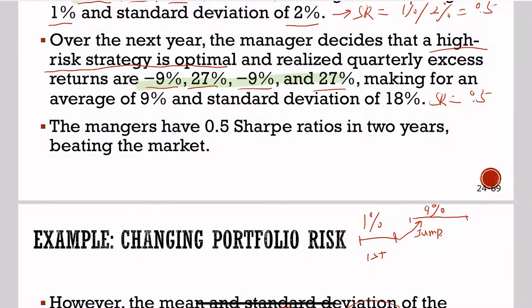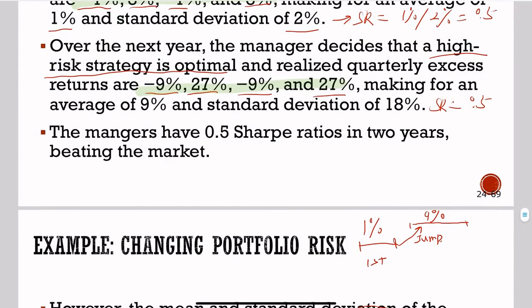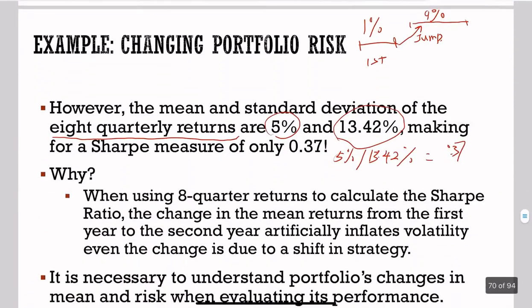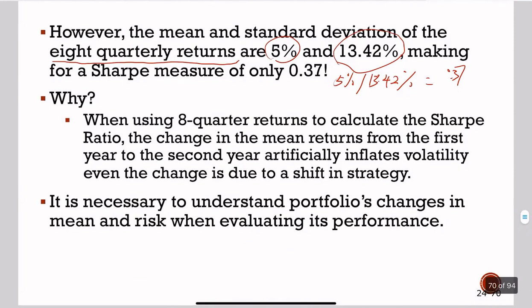In the first year, the manager wanted a low risk strategy, and in the second year, the manager preferred a high risk strategy. So the manager should not be penalized by this jump. So this tells us it's very important to understand how portfolios change in mean and risk. By understanding the reason for the change, we could correctly evaluate the performance.